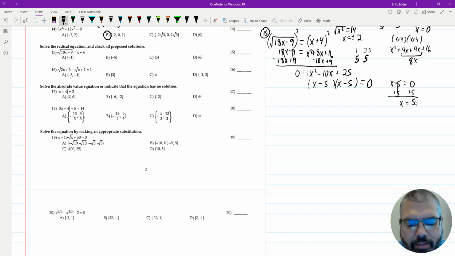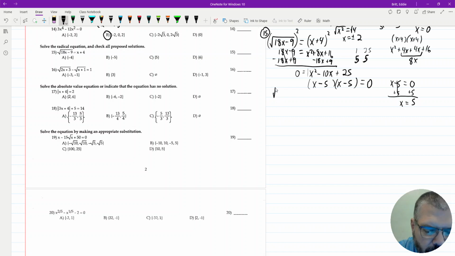Now, that is my proposed solution. What does that mean? That means that I need to plug this back into the original equation. So over here, before you squared anything, plug in a 5.